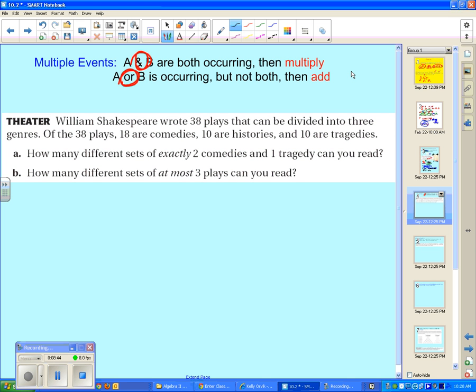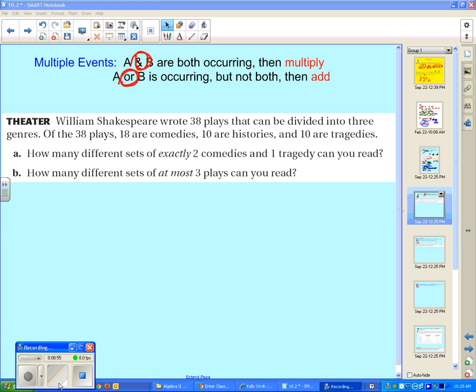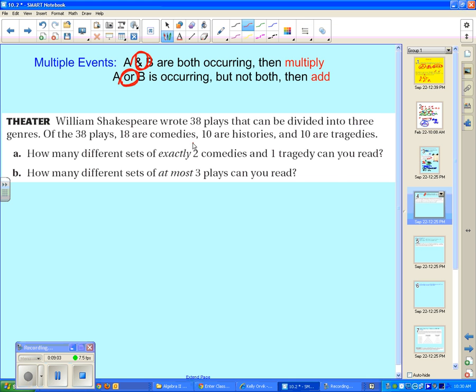I'm going to let you guys read through these and see if you can figure these 2 problems out. Okay, let's look through the first one. You're picking plays to read, and you have to read 2 comedies and 1 tragedy. So let's deal with the comedies first.